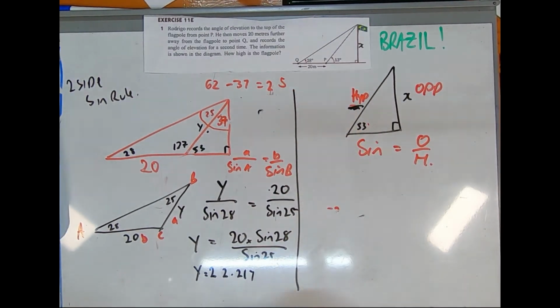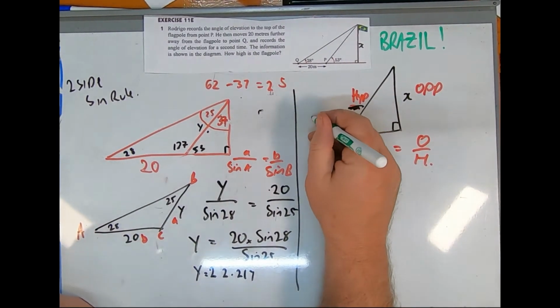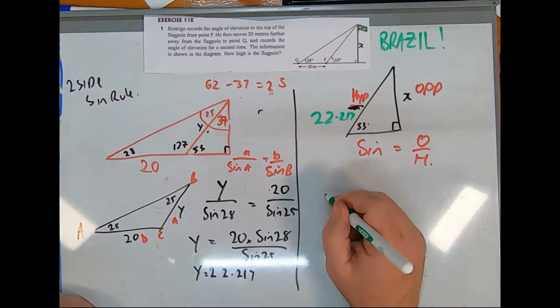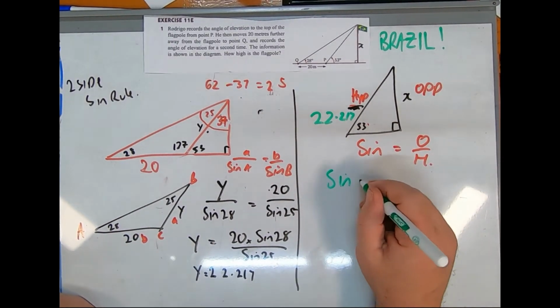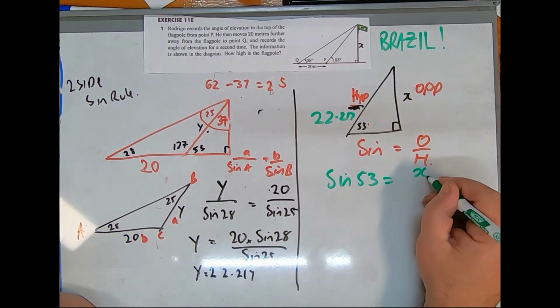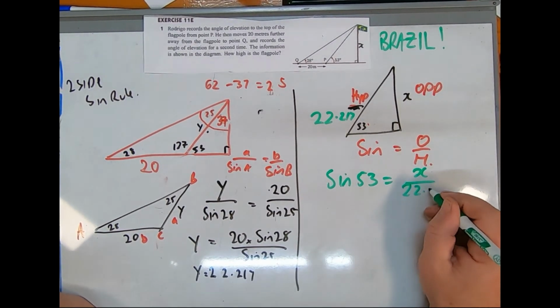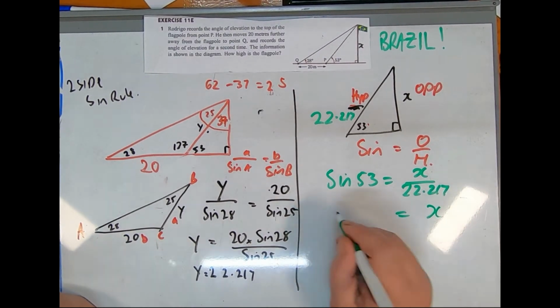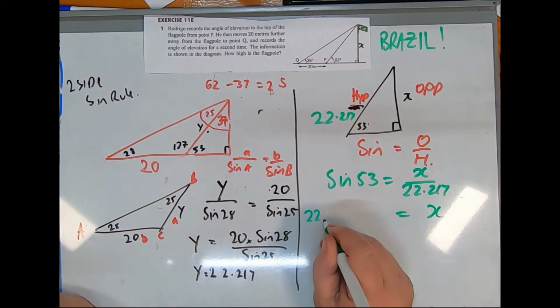So I've gone to all that trouble. Let's bring that number across, put it into my hypotenuse triangle. This is my finishing plan all along. So on the next line in the green, sin 53 equals the unknown over 22.217. When we have the X on top, we multiply the other two numbers.